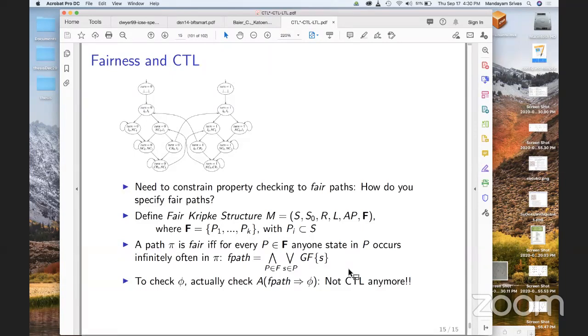You can't just add the fairness constraint as a precondition and then use CTL model checking, because it is not even expressible in CTL anymore. When we discuss CTL model checking, we will first discuss it in the standard way, and then fairness has to be handled internally by hardwiring it into the algorithm. That is the point I want you to take away from here.